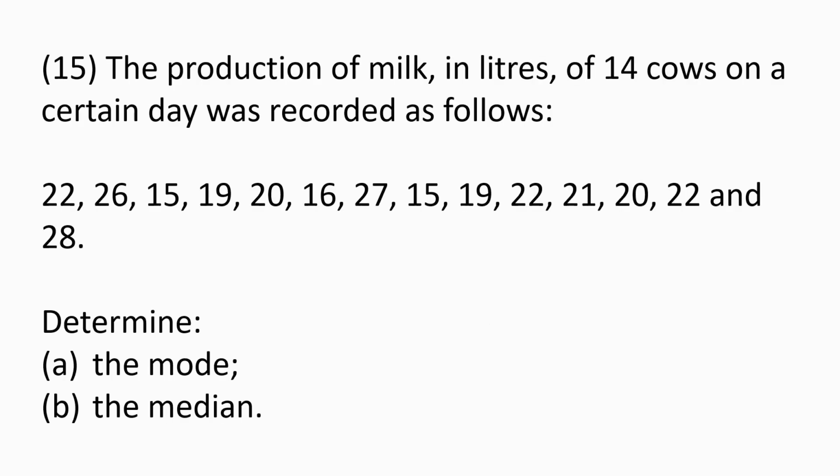Question 15. The production of milk in liters of 14 cows on a certain day was recorded as follows: 22, 26, 15, 19, 20, 16, 27, 15, 19, 22, 21, 20, 22, and 28. Determine part A, the mode, and part B, the median.